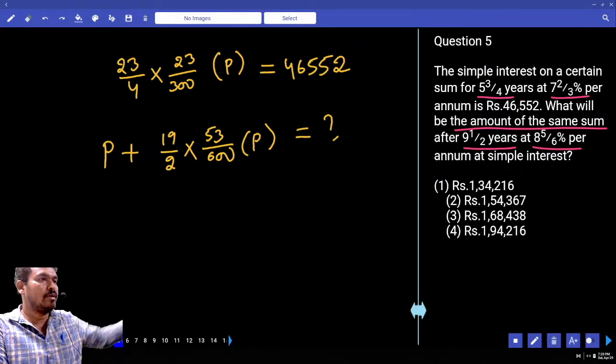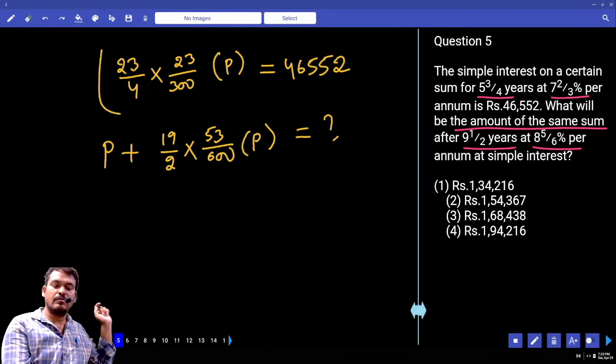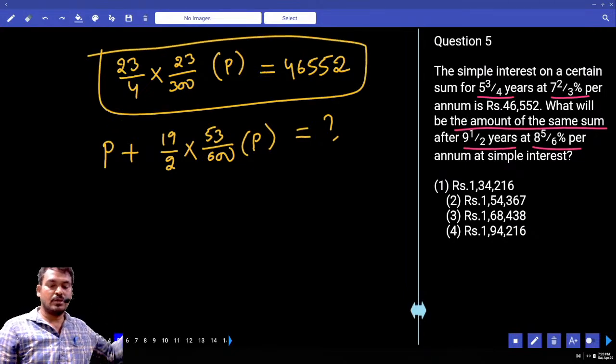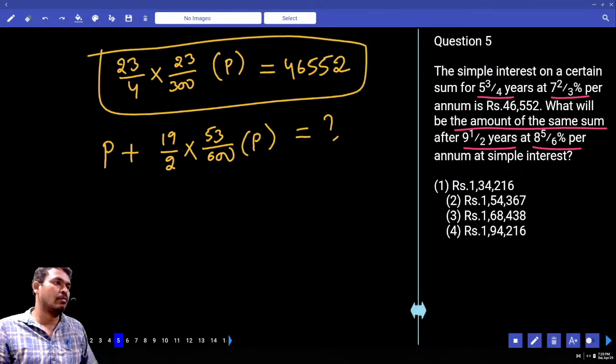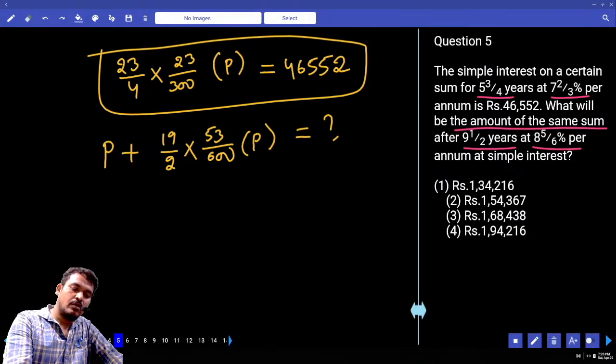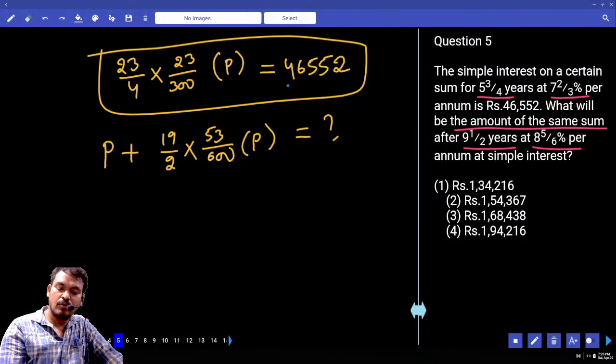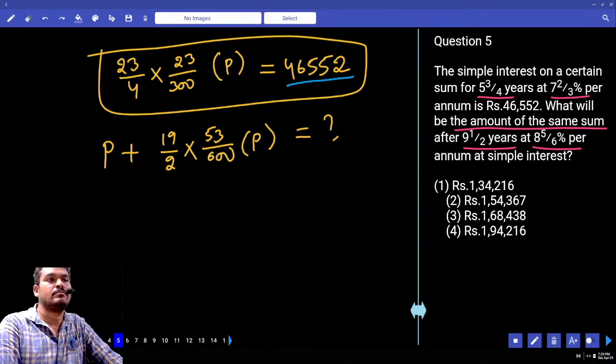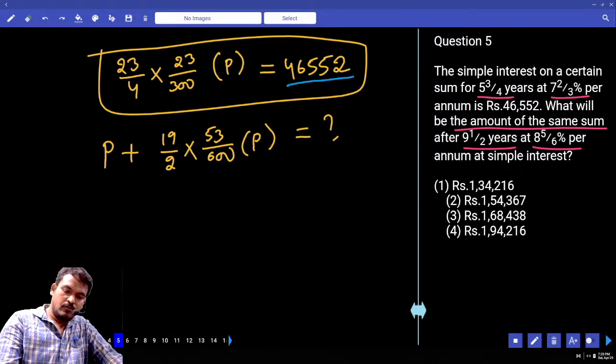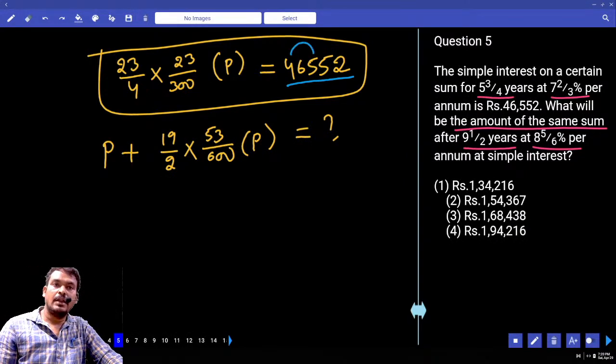Okay. Simplify this one. First of all, solving the first one, we get the P value. Substitute the P value in the second one, and we get the amount. What is the right hand side value? 46,552. 4 plus 5, 9 plus 2, 11. 6 plus 5, 11.